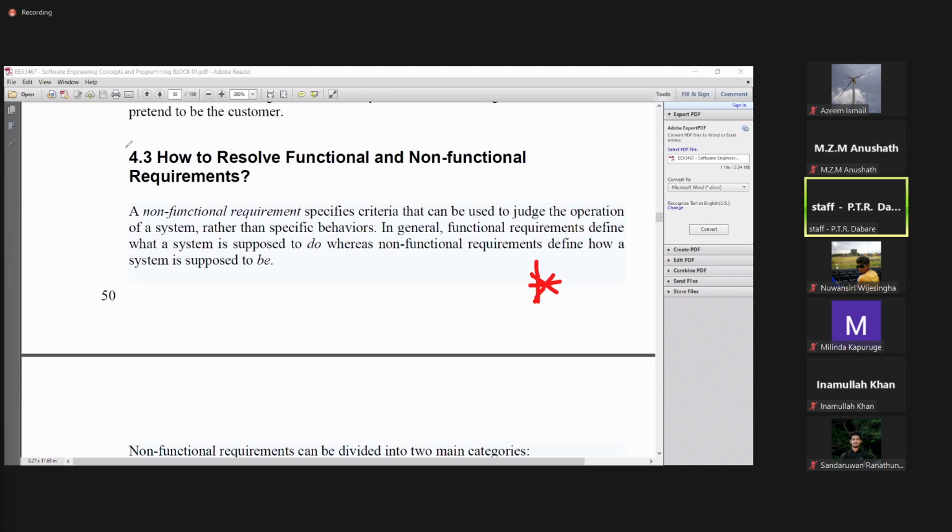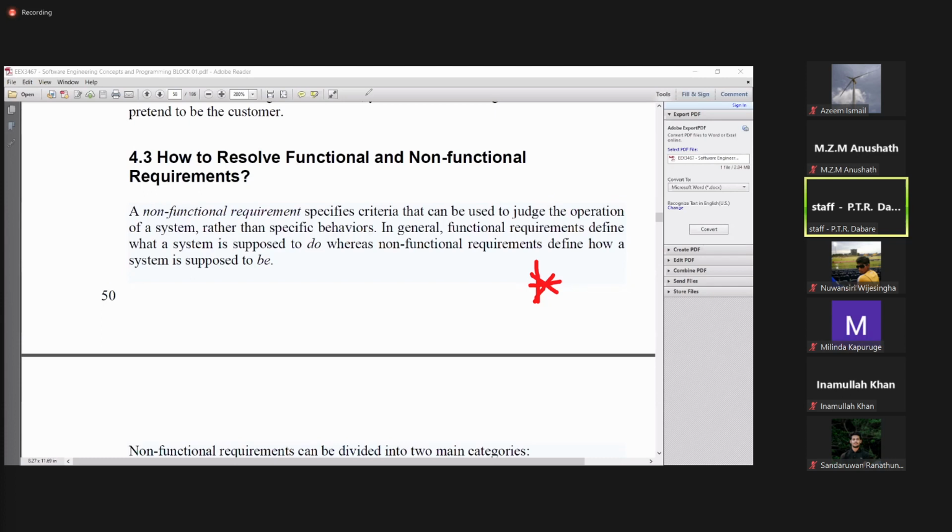Is the system supposed to send a reminder, print a job sheet, view the data, view the spare parts? Those are functional. How is the system supposed to be? Very user-friendly with very big fonts, the font color black and the background color white? Is the system supposed to respond within 1 millisecond or within 10 milliseconds?